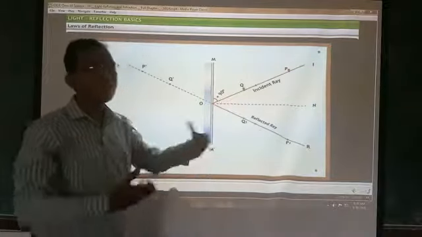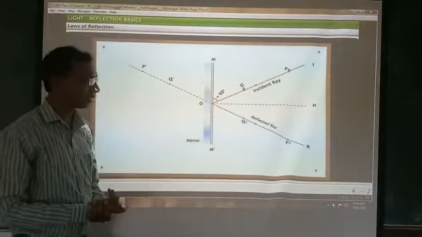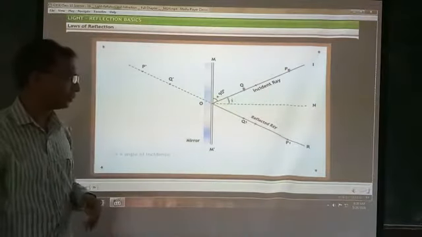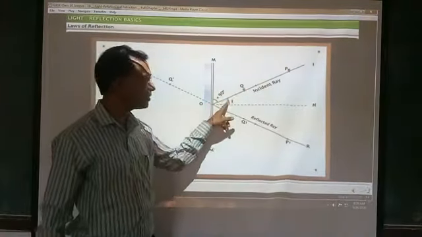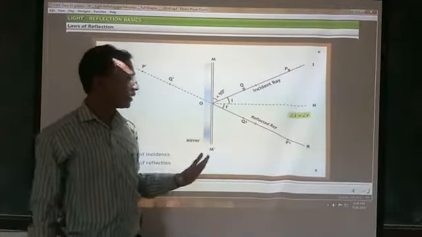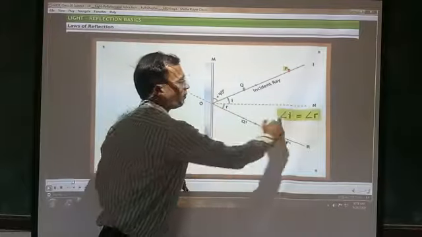So it obeys the laws of reflection. The angle of incidence is equal to the angle of reflection. This is the incident angle and this is the reflection angle, so the incident angle is equal to the reflected angle.